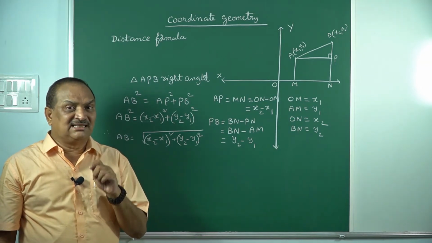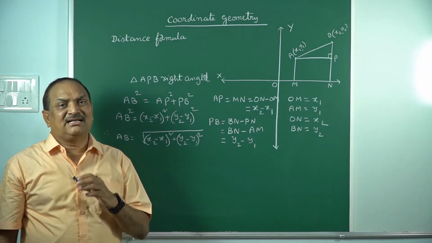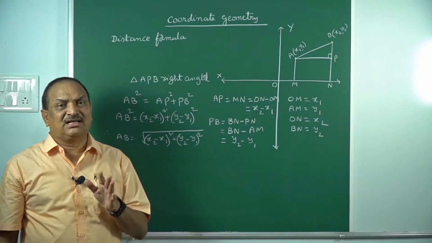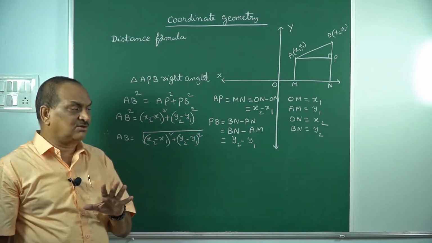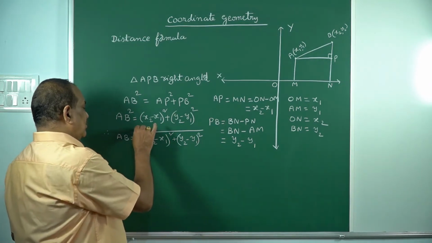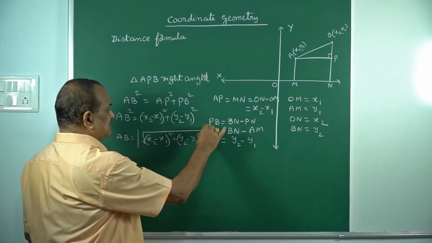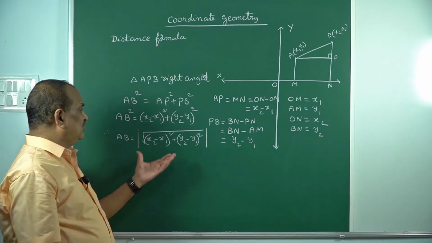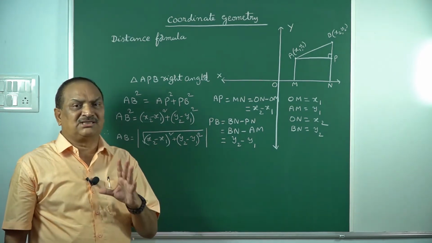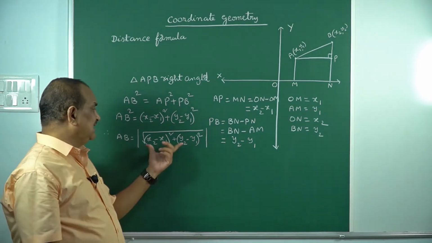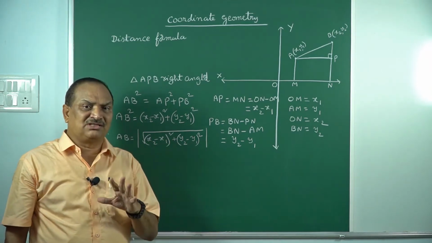But because this is a distance, you can't take the negative root. You should take all the time only the positive root. And some people, to ascertain that, put this mod, which means we don't take the negative root, it is only the positive one. Okay, so inside the square root all the time we have a positive number.